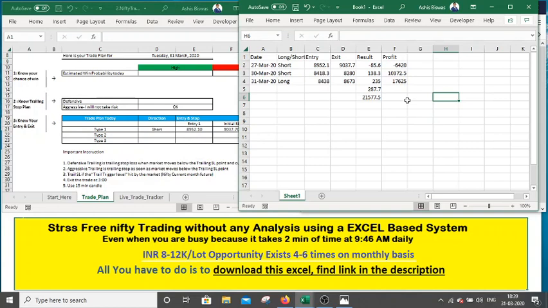And that's a good strategy, because number one, you just need 2 minutes of your time at 9:45. You know what to do based on this Excel, and you have to hold the trade till 3 p.m. You can expect at least 4 to 6 trades every month based on this strategy, minimum.